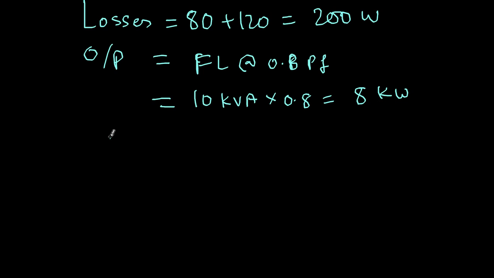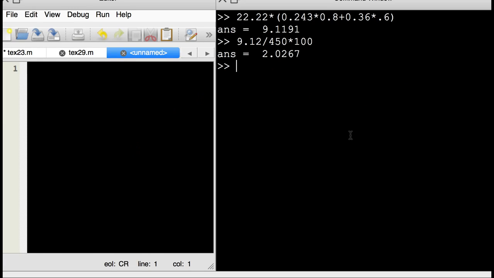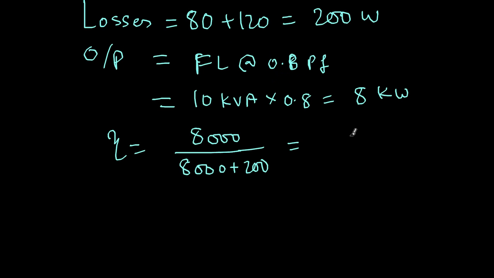Therefore efficiency is 8000 divided by 8000 plus 200, so output by output plus losses. So 8000 divided by 8200, and 97.56% is the efficiency. So I got the efficiency also.